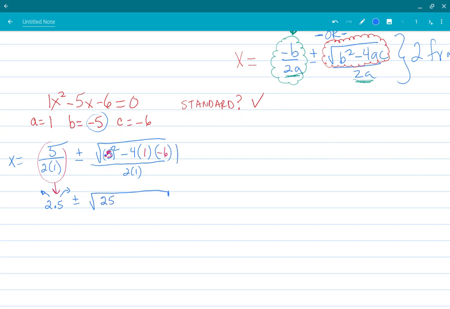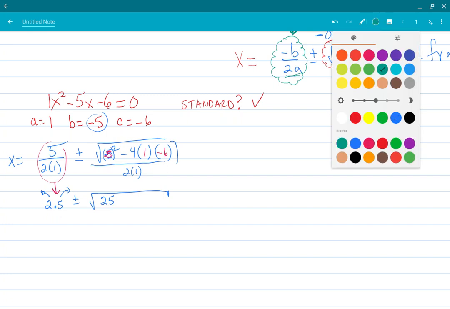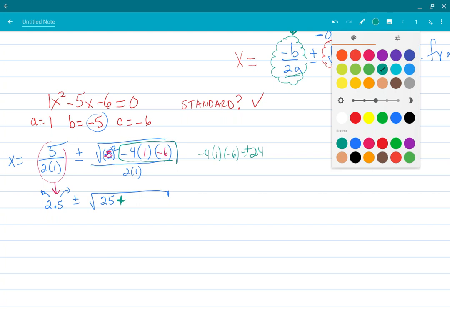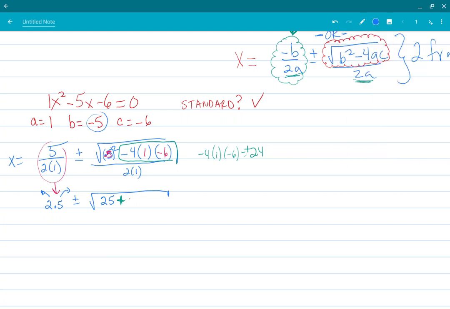Now you've got to multiply all of these 3 together so that you know your symbol. We don't know if this is going to be a plus or minus. So you multiply -4 times 1 times -6, and that equals positive 24. Therefore, since it's positive, it's going to be a plus. If it was negative, it would be a minus. Okay, 24 all over 2.